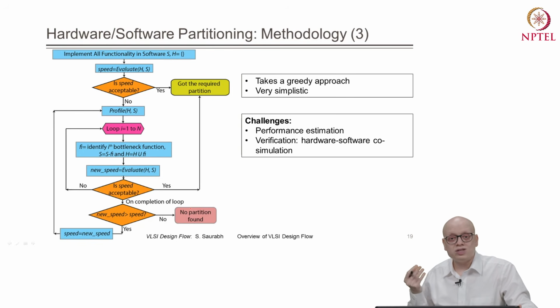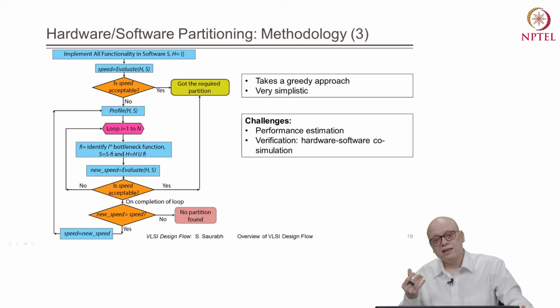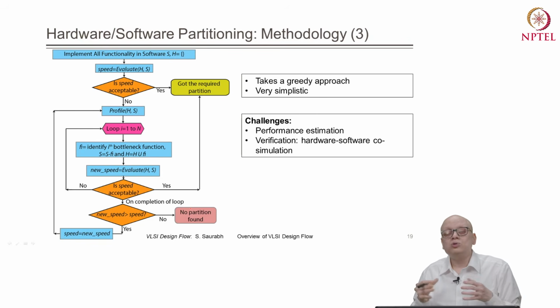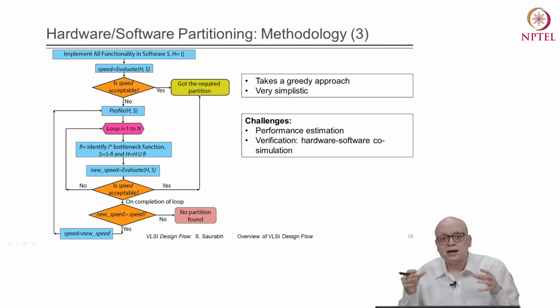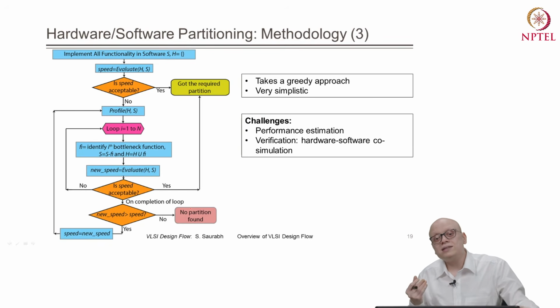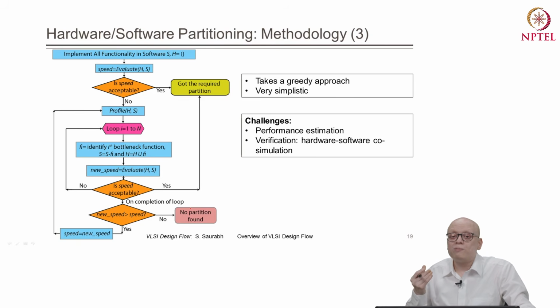We have just assumed that the software function has moved to hardware, but the hardware is still non-existent. The hardware has to be designed and fabricated. Only then can we get the exact numbers on by how much performance is improved, right? So the non-existence of hardware is the primary concern in hardware software partitioning.